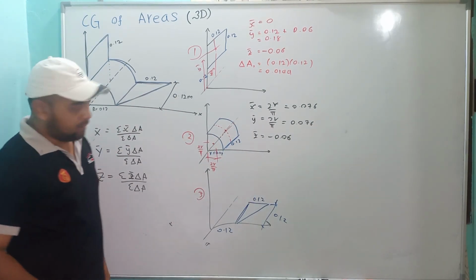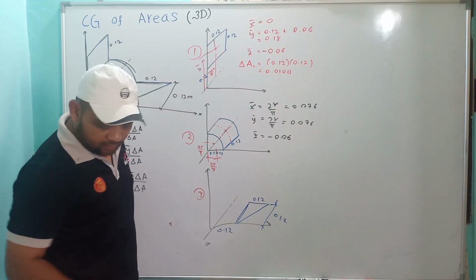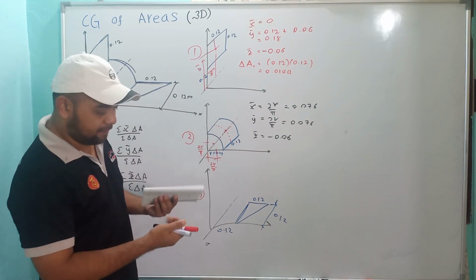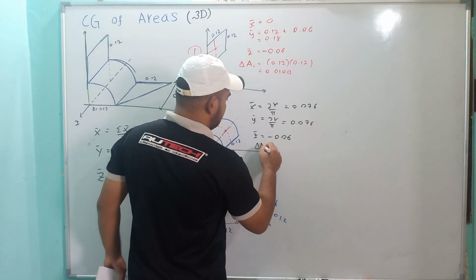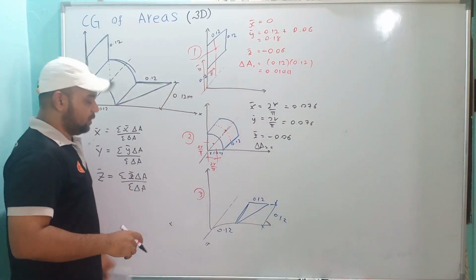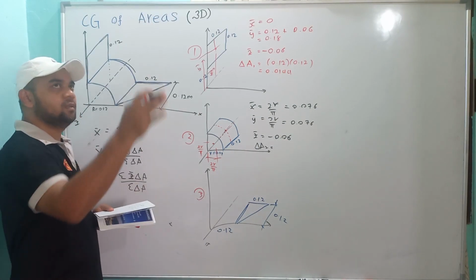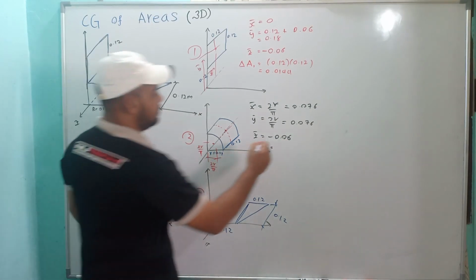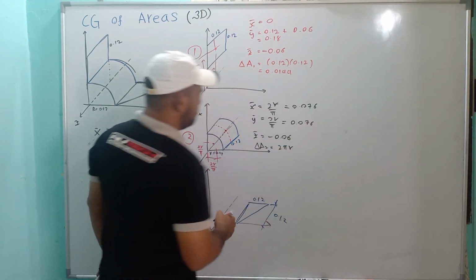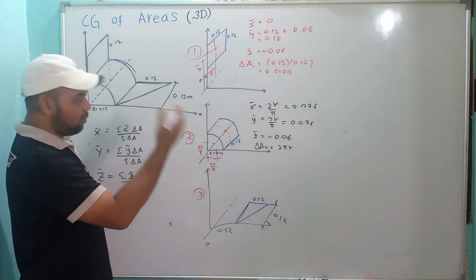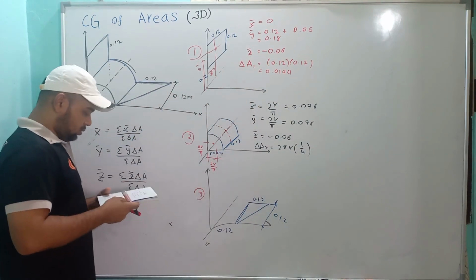What else? We want to have delta A2. Delta A2, we can use full circle, pi r squared, 2 pi r, and then we are only quarter circle, so 1/4.